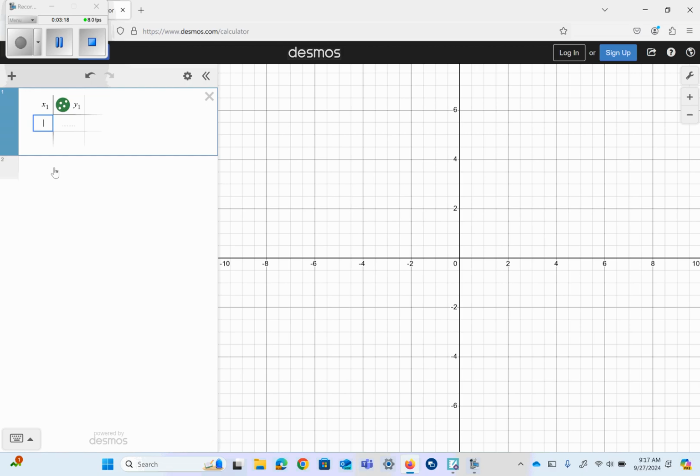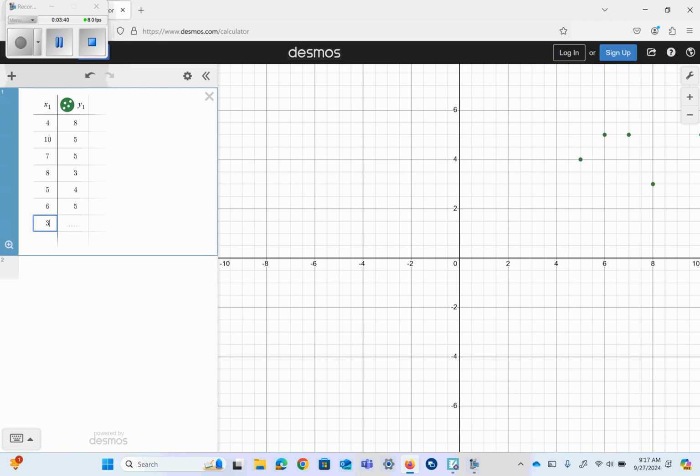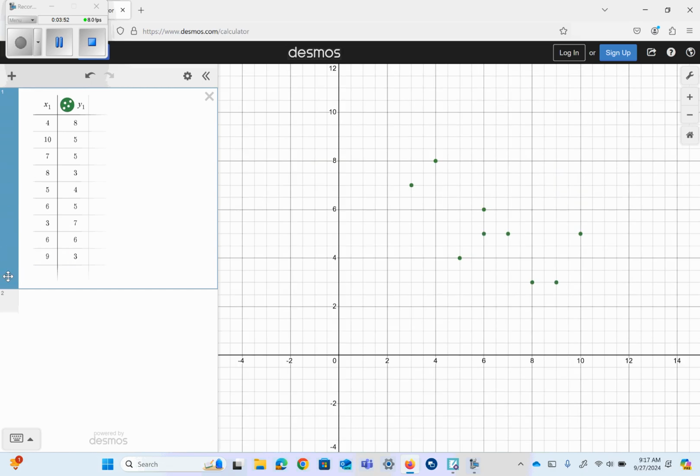So let's see, 4 then 8, and 10 then 5, then 7 then 5, then 8 then 3, and 5 then 4, and 6 then 5, 3 and 7, 6 and 6, 9 and 3. And if you hit the little magnifying glass, it looks like that.